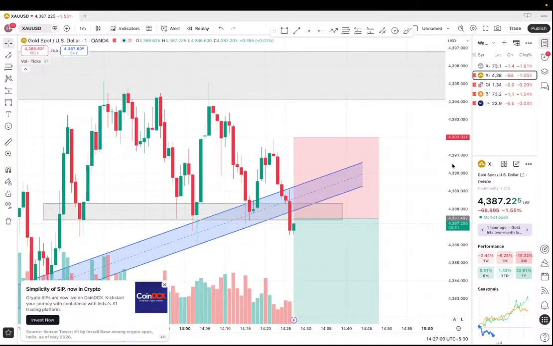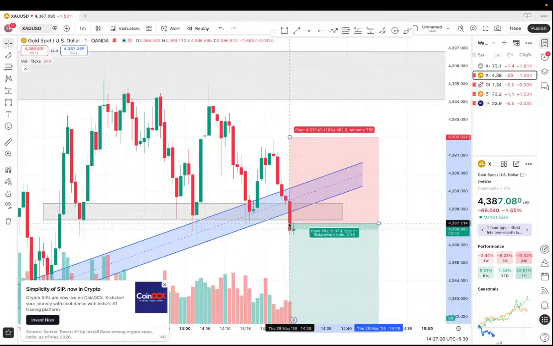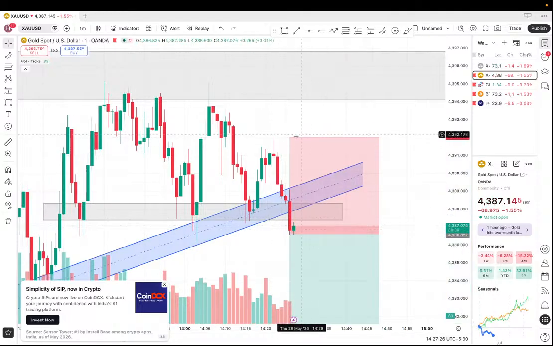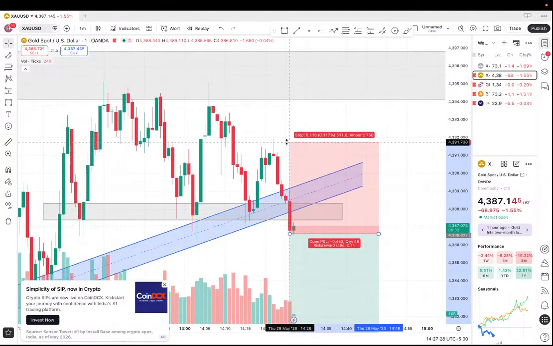SL is of 50 pips, 54 pips. So our entry is around this level, 1986, and our stop loss is this.